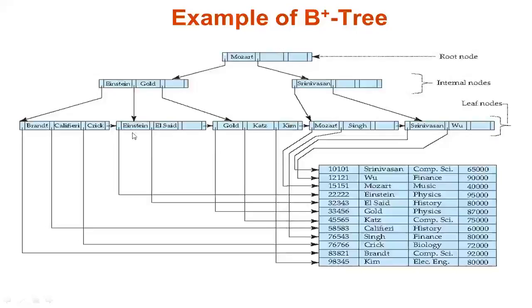Einstein is the pointer present in the leaf node, and here you can see Gold, so the pointer is placed at Gold. Similarly here, Mozart points to Srinivasan, and from Srinivasan it points again to Mozart. So again you can see Srinivasan is available in the leaf node also, right?